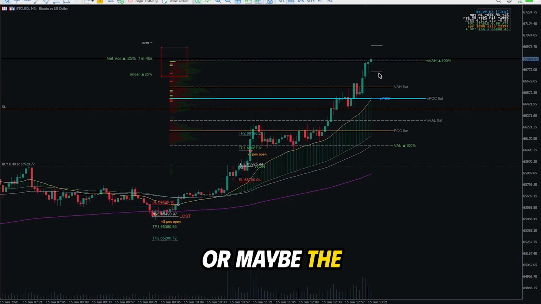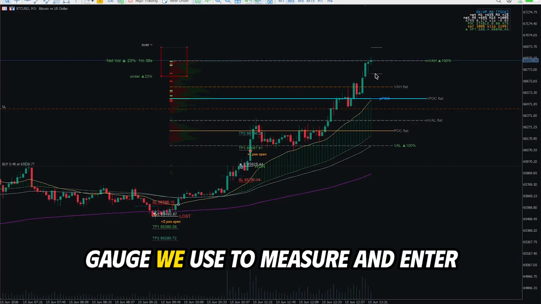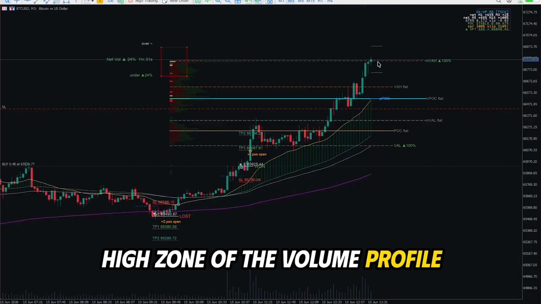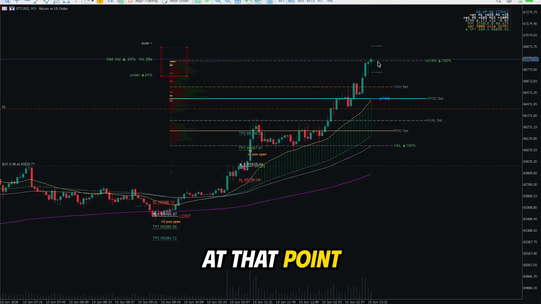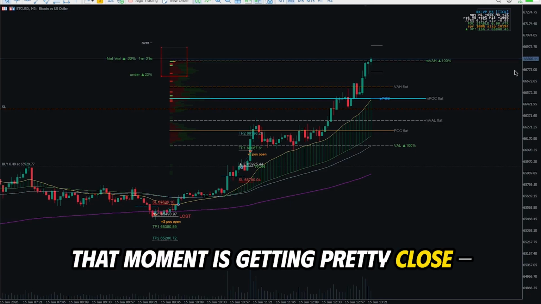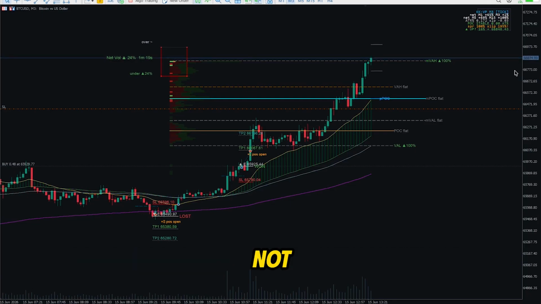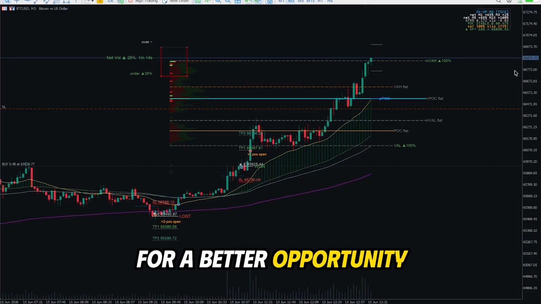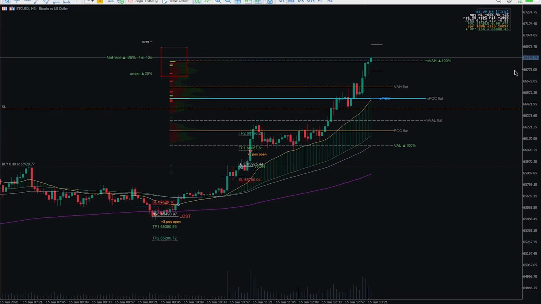Or maybe the gauge we use to measure and enter trades actually touches above the high zone of the volume profile. At that point, we'll be able to make our decision with much more confidence. That moment is getting pretty close. Let's see if we get an upmove, or if it's best to walk away and wait for a better opportunity.